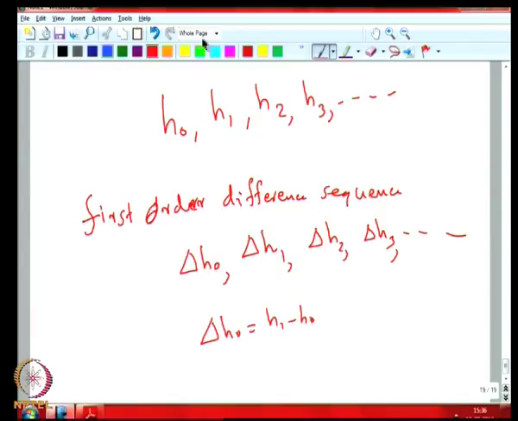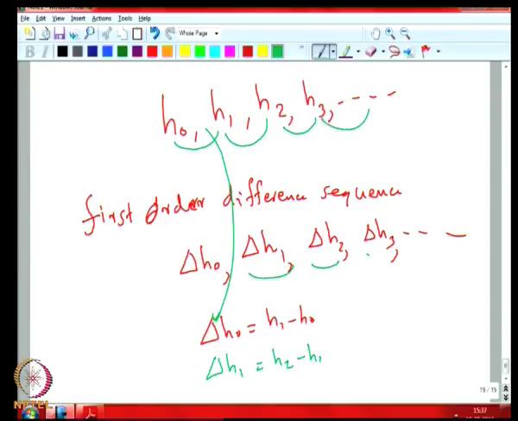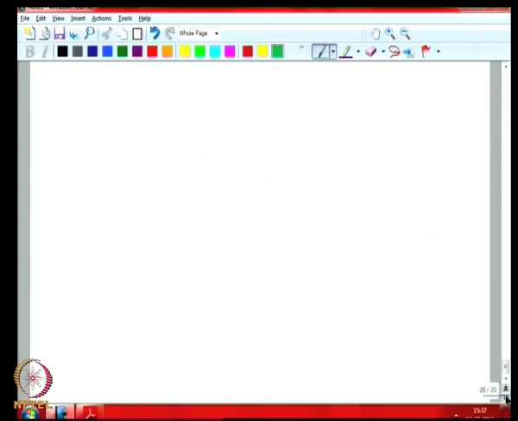Actually we are taking the difference between this and this, that is what delta of H0 is, and the difference between this and this will be delta of H1, H2 minus H1, right? And this difference will be delta of H2, and this difference will be delta of H3, and so on, right?